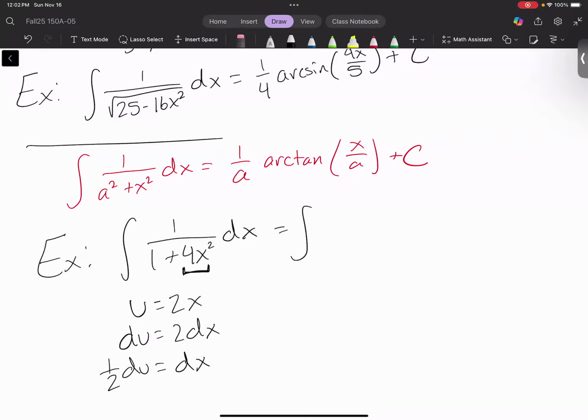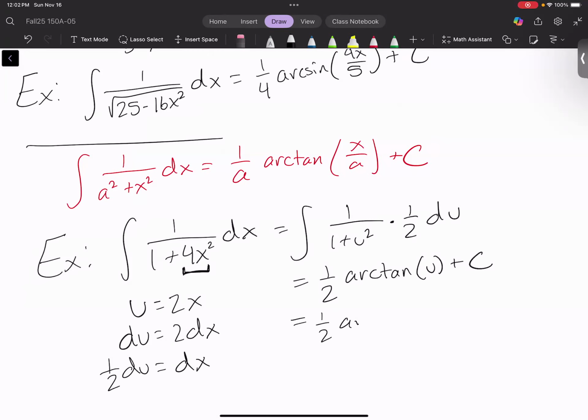So this is going to be the integral of 1 over 1 plus u squared times a half du. So we get the half out, and then 1 over 1 plus u squared. There's no a, right? It's just 1. So this is just arctan u plus c, and then we'll go back. So u equals 2x, so arctan 2x.